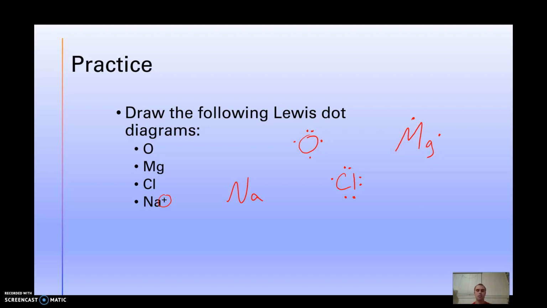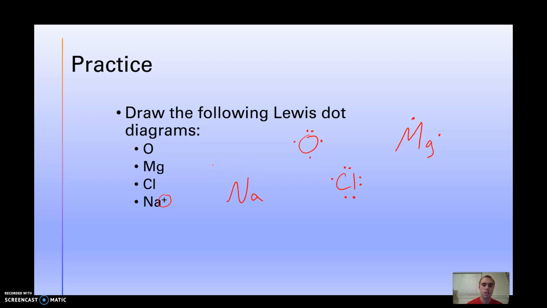But if it has a positive charge, that means it has lost one of its electrons. It only has 1 valence electron to start with. It loses that electron, so the way we write this as a dot structure, it's not going to have any dots around it. This is what sodium would normally look like: just Na with a single dot.